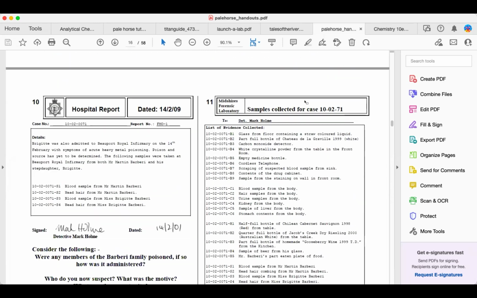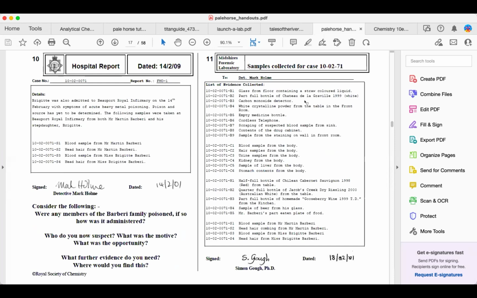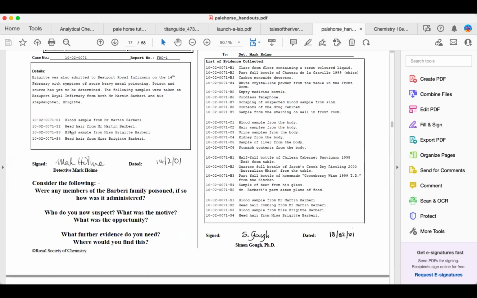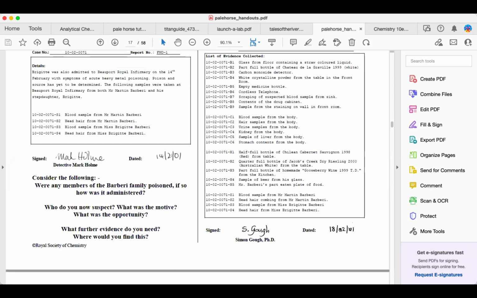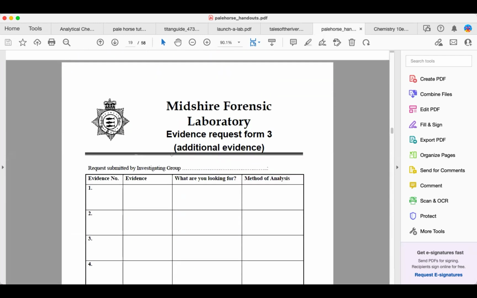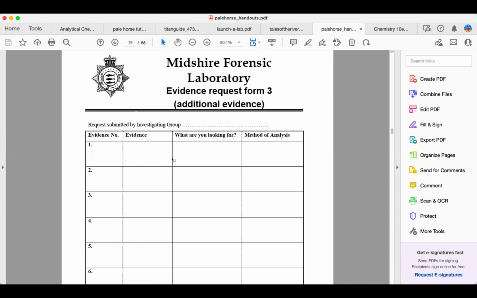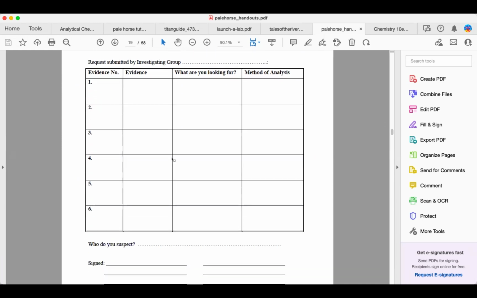Okay, now very detailed. Remember to read all this. Now, if you have additional evidence, you need to submit more requests for analysis, then you can use this form.